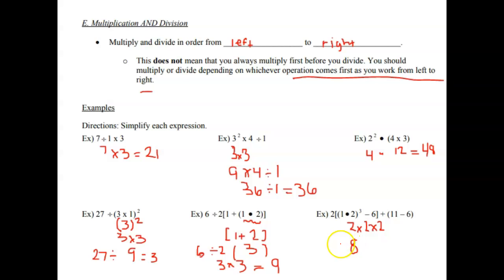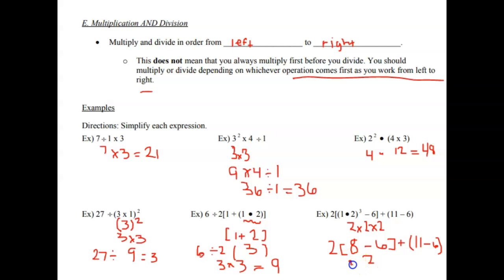So I have a 2 in brackets, and then I got a minus 6, then I have a plus 11 minus 6. Okay, now I'm going to work in my parentheses first. So 8 minus 6 is going to be 2.